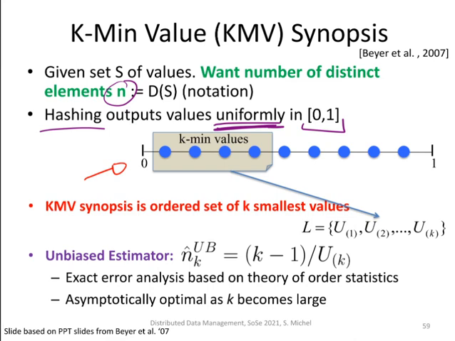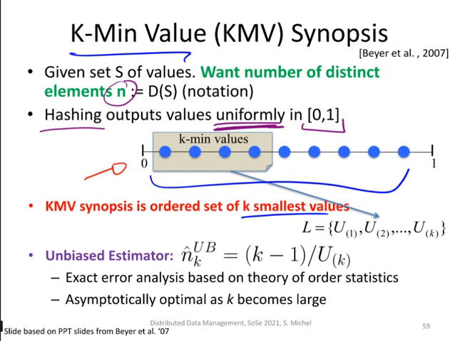You can see that they are nicely uniformly mapped into this range. Now the KMV synopsis, our small compact data structure, consists of the k smallest of these hashed values. Hence the name k-minimum value synopsis.